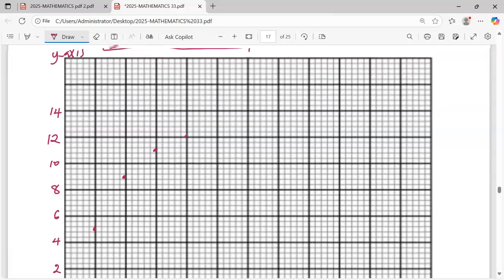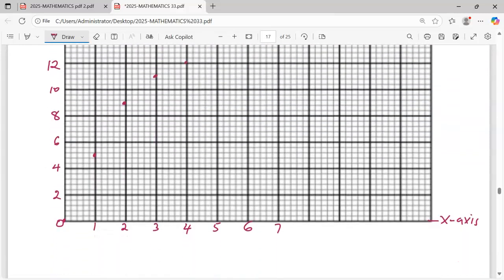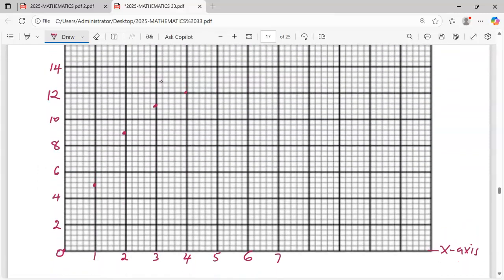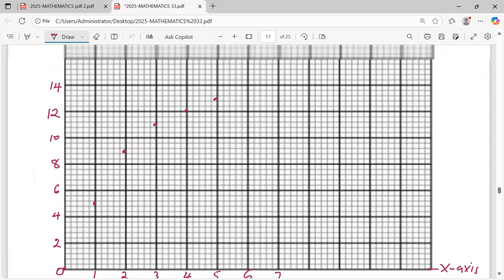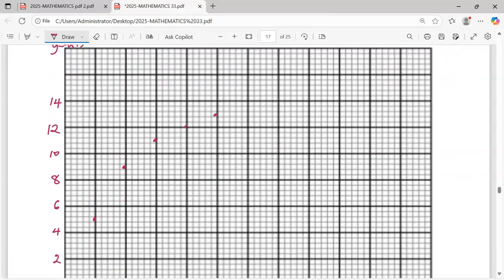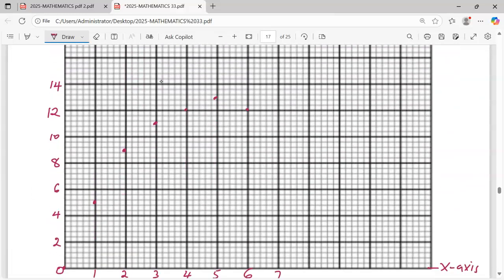And when x is 5, we are going to have 12.5, which is around 13. And when x is 6, we are going to have the value of y to be 12. And once we have done that, we are going to draw the curve joining all these points this way.